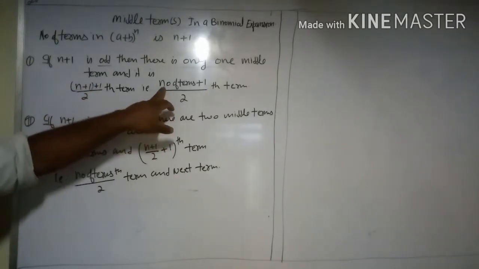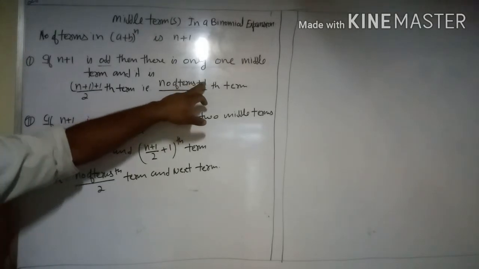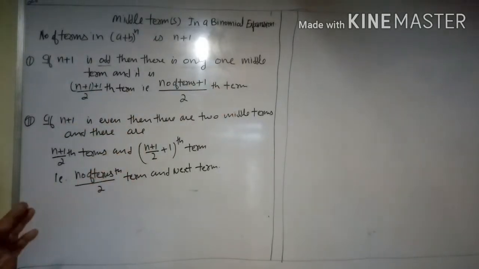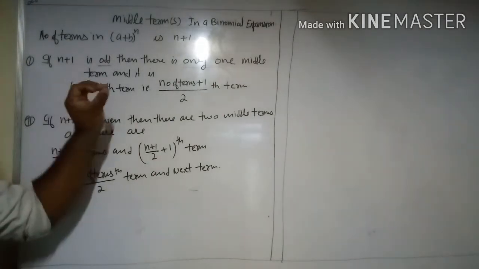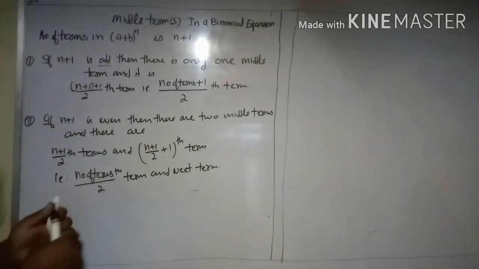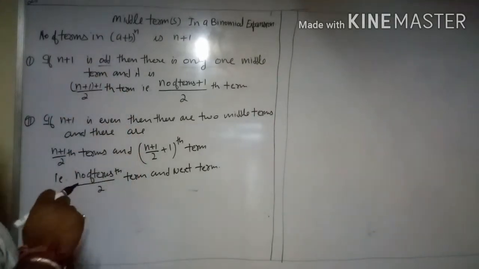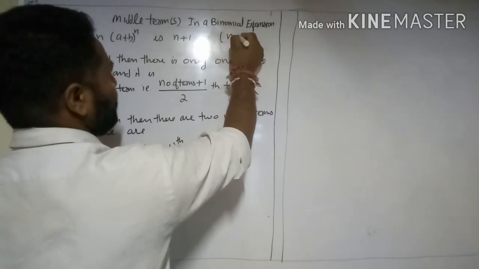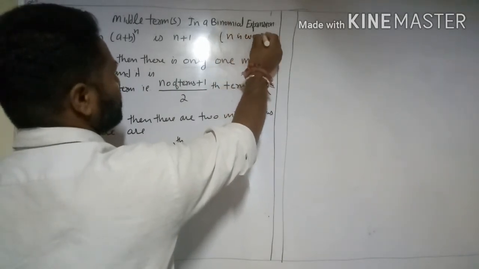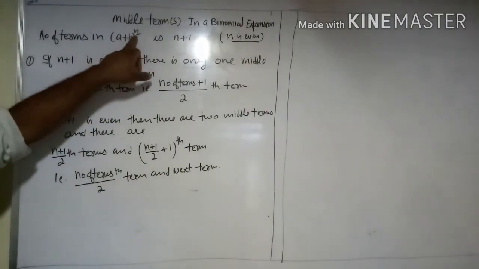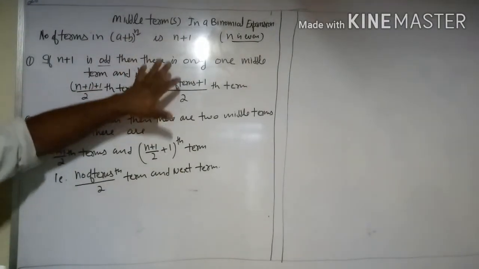That is, we can say the number of terms plus 1, upon 2, is the middle term in the case when n + 1 is odd. And I will tell you one more hint here: n + 1 will be odd when n is even.